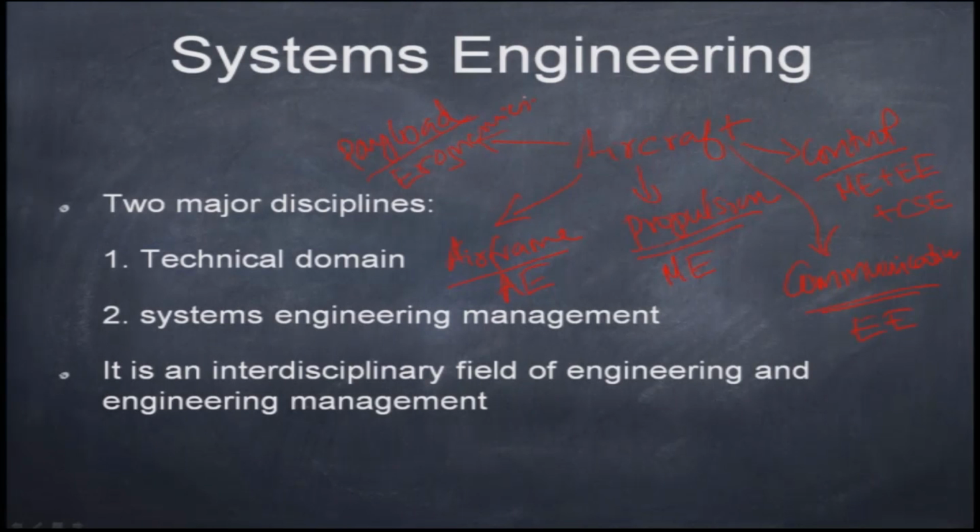So this is the technical aspect of systems engineering. Multiple diverse technical know-how is necessary to realize a product. But another aspect is that all of these things need to be managed together to realize the common stated goal.